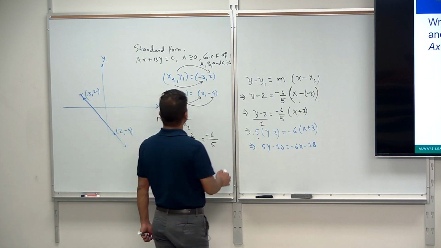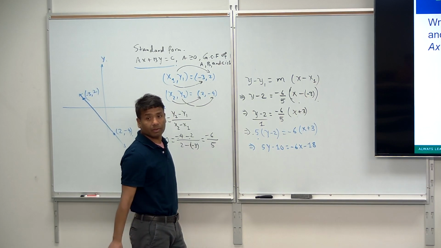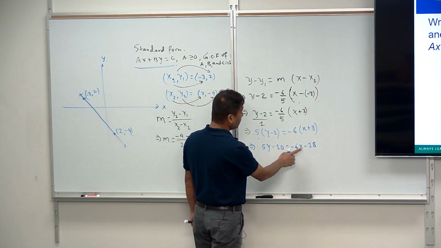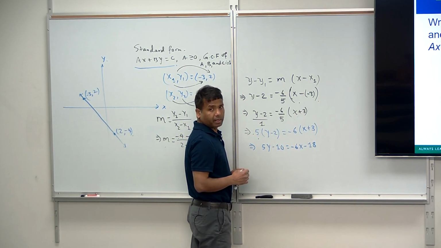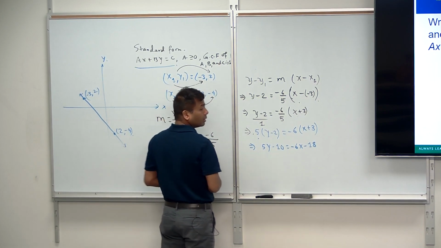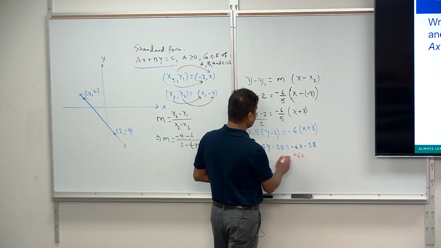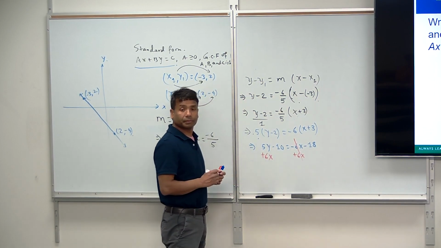Look here, the standard form is ax plus by equal to c. We need to move this negative 6x to the left side, so we add 6x on both sides and cross them out.